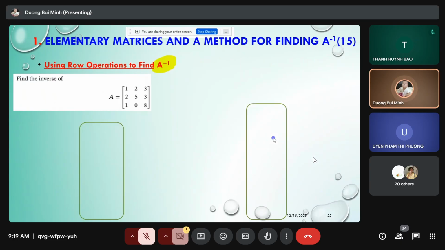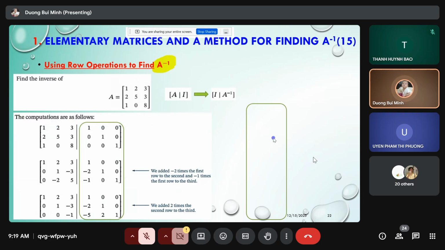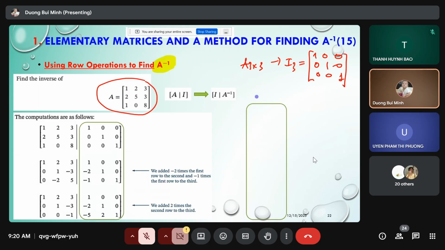Now we consider some examples of determining the inverse of A. Here we have matrix A with 3 rows and 3 columns, so we need I3 for our modification: 1 0 0, 0 1 0, 0 0 1.